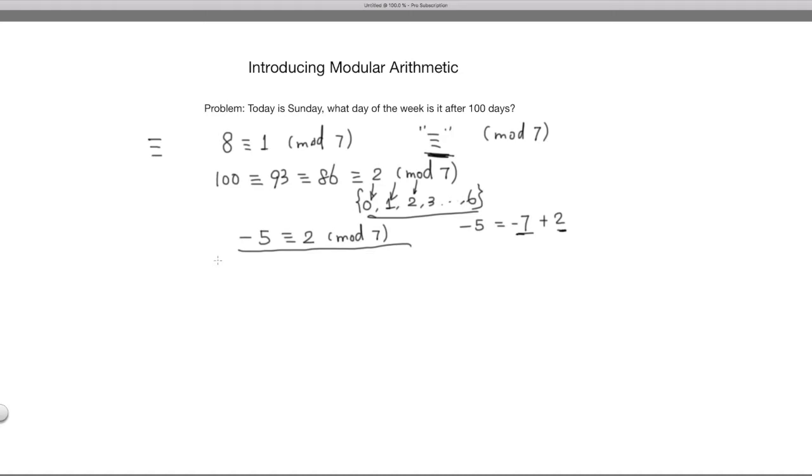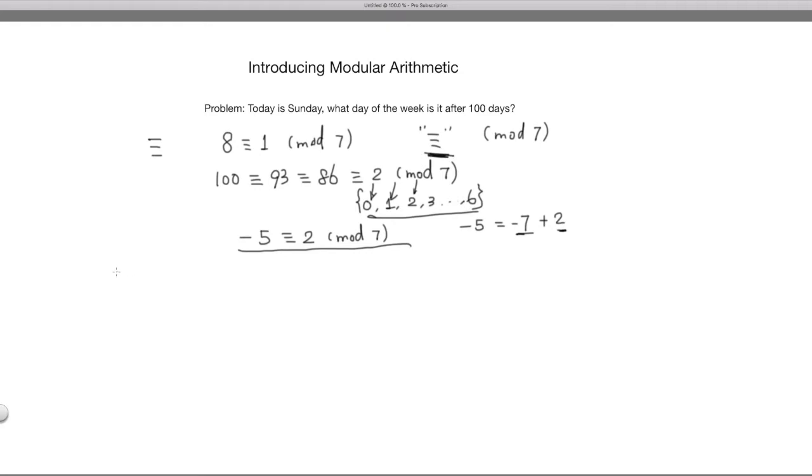By that I mean additions, subtractions, multiplications with numbers, or rather using the equivalence symbol, is going to be very similar to the usual additions, subtractions, and multiplications.